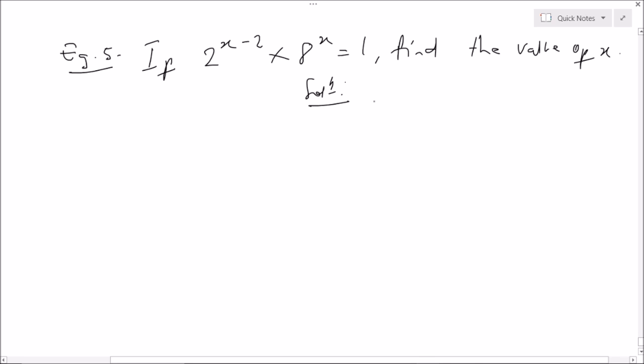Example 5. If 2 raised to the power s minus 2 times 8 raised to the power s is equal to 1, find the value of s. Solution. That's 2 raised to the power s minus 2 times 8 raised to the power s is equal to 1. So we make sure that both the left hand side and the right hand side have the same base.